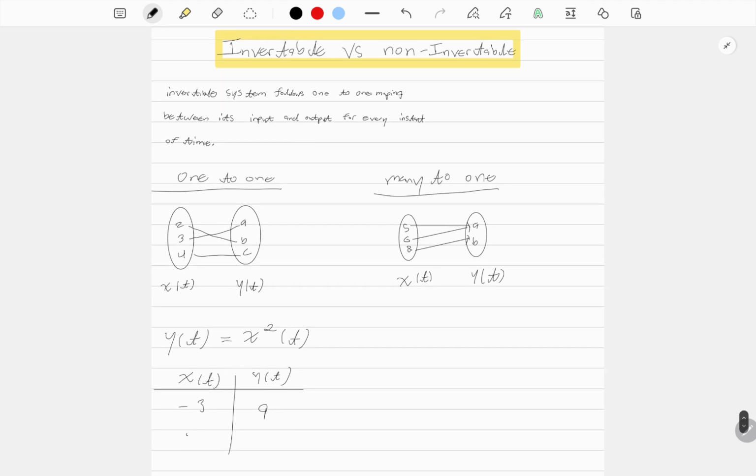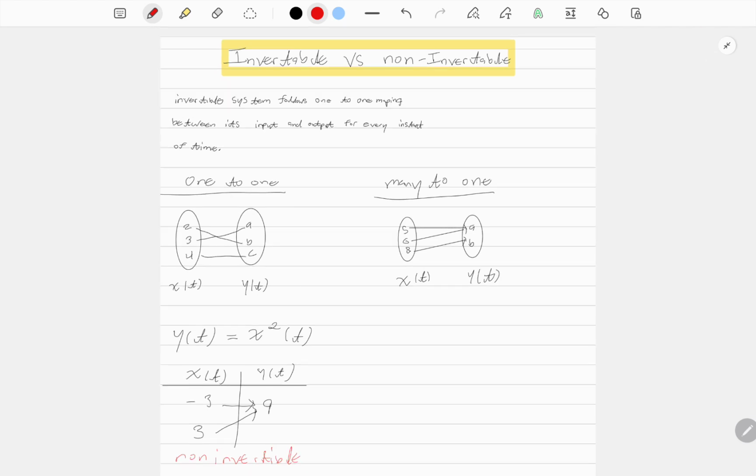But let's say we plug in 3, we'll also get 9. So there's many-to-one mapping, which means this system is invertible. Or no, it's non-invertible, my bad. Non-invertible. Since it follows many-to-one mapping, it is non-invertible.